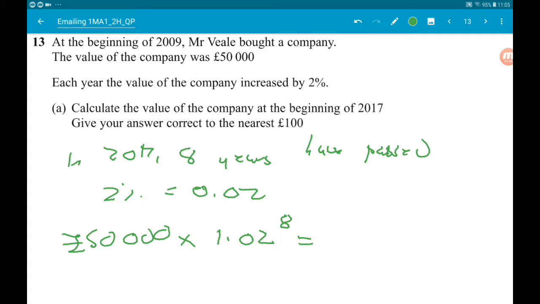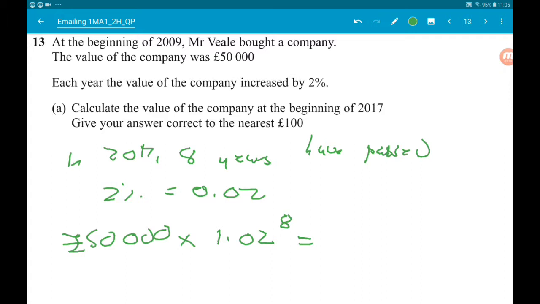So let's see what we get. Okay, so we should get £58,582.97.